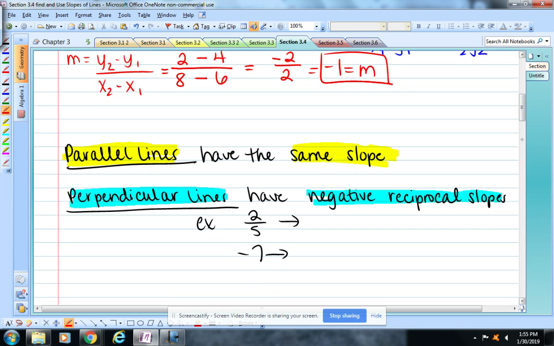Important stuff right here. Now we're going to start talking about slopes as parallel and perpendicular lines.